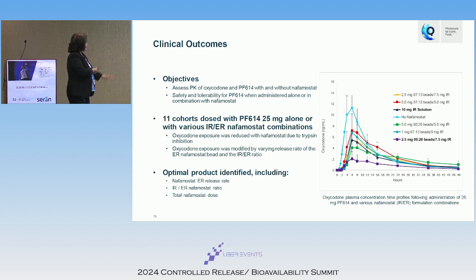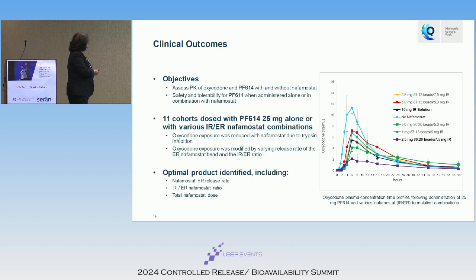So several PK studies were conducted to understand the relationship between the prodrug conversion to oxycodone, and the presence of IR plus ER beads of nafamostat that were going into the study.